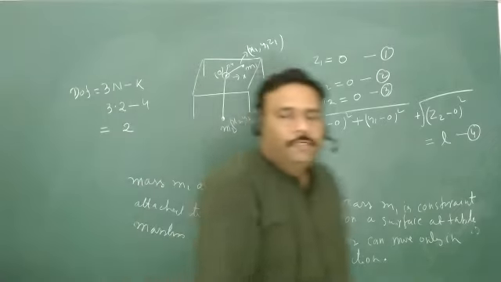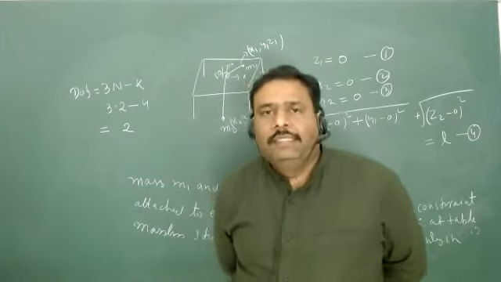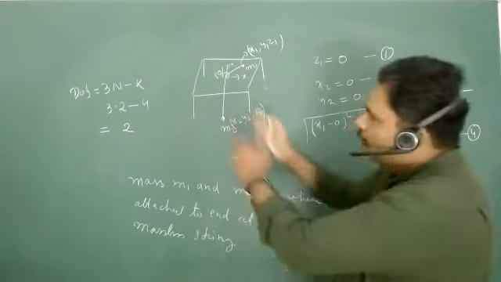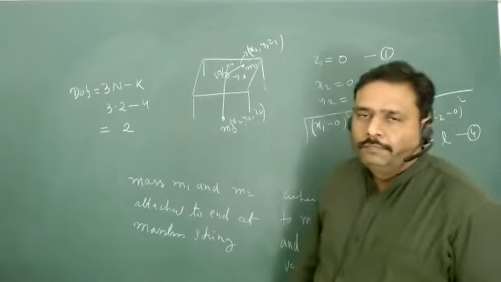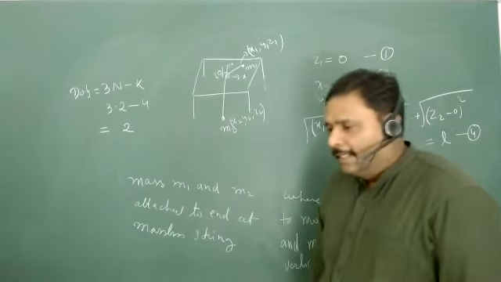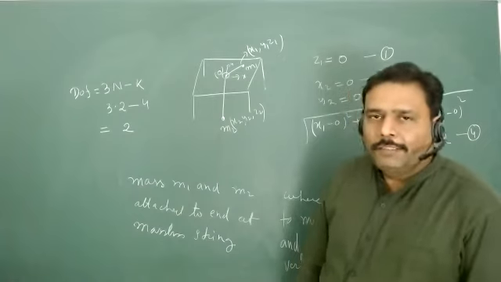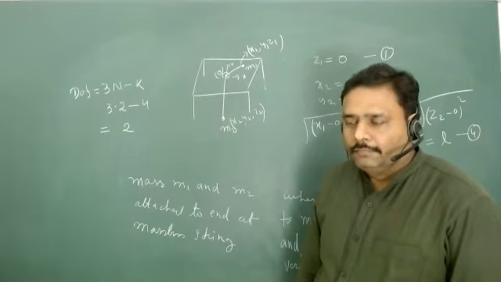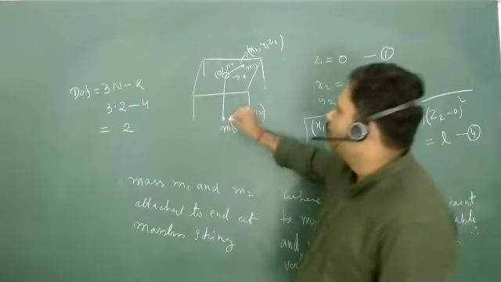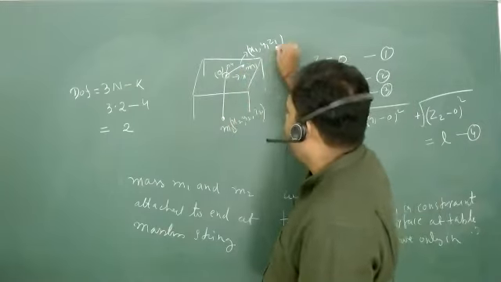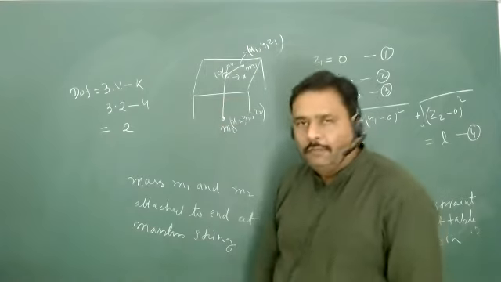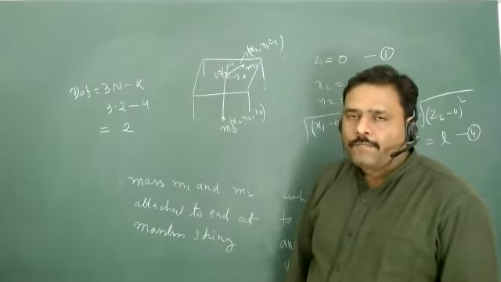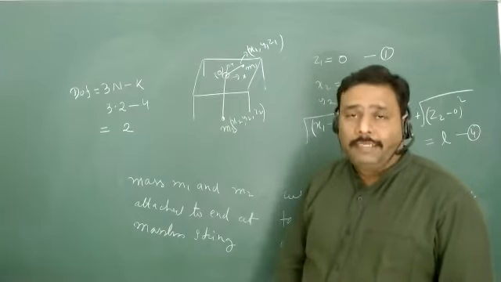Now 2 degrees of freedom means there must be 2 independent motions. Can you visualize 2 independent motions? Can anybody visualize them? One can be visualized: it can go up, then it can go away. This is the first motion, independent.